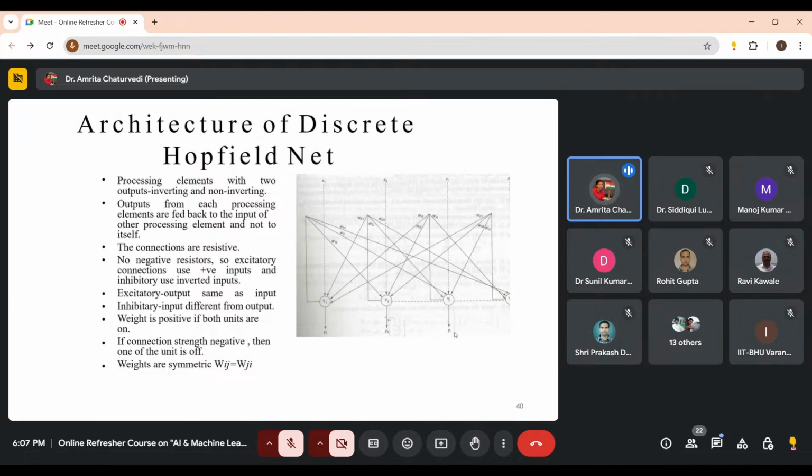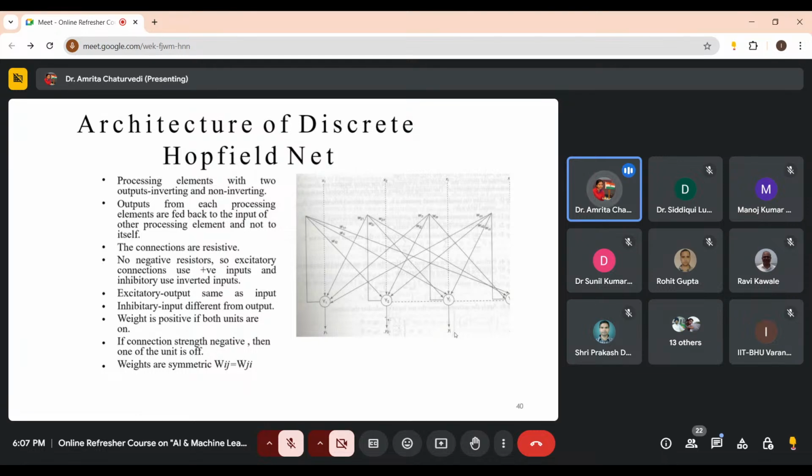If you see the Y1 node in the figure, an edge is coming out, which is going as input to Y2, Y3, Y4, and so on, but not again to Y1, right? So self connections are not there. However, feedback is there, and therefore it is also known as a recurrent network.